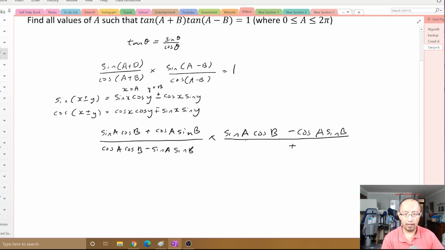So it'll be cos A cos B plus sine A sine B. Okay, so I've written all that out, still equals 1, obviously. Okay, so now I'm going to try and simplify this even more.